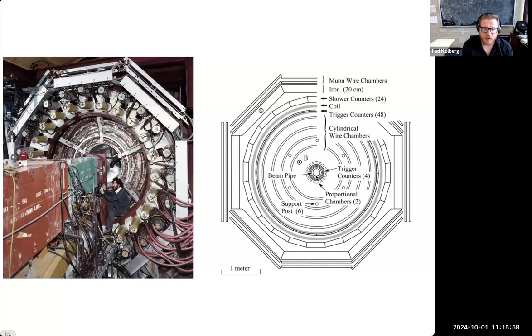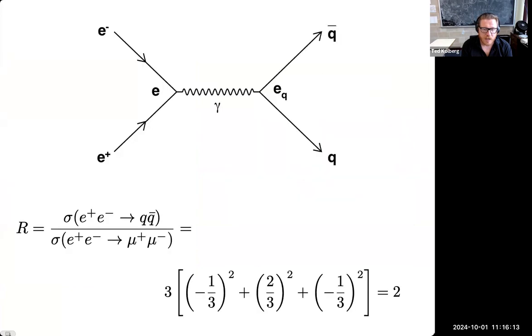Their idea is to use this detector to study e+ e- collisions across this energy range between 2.5 and 7.5 GeV that the accelerator is capable of providing. So basically, they're going to measure this ratio that we saw on slide 26.